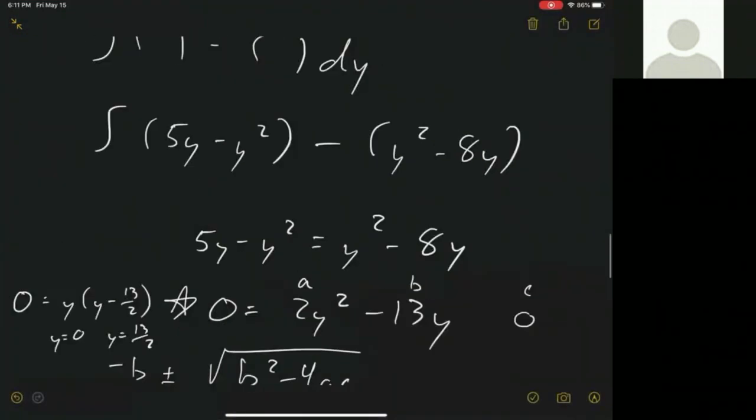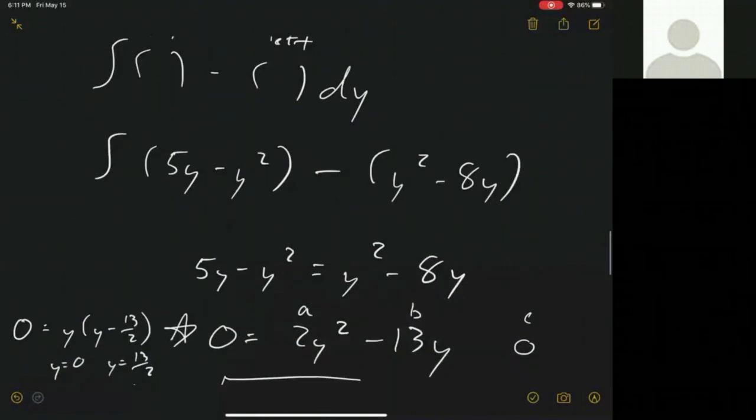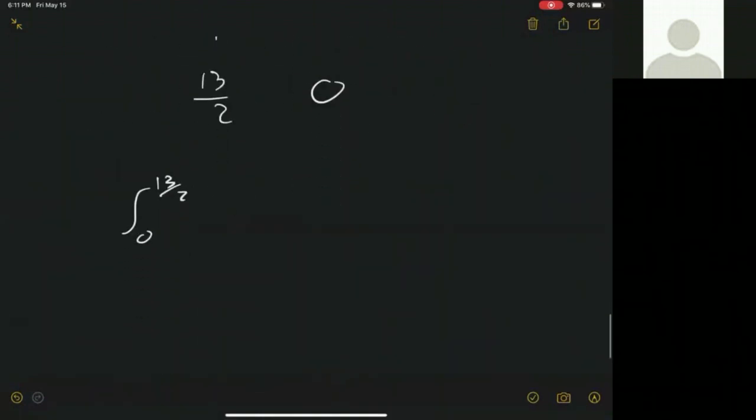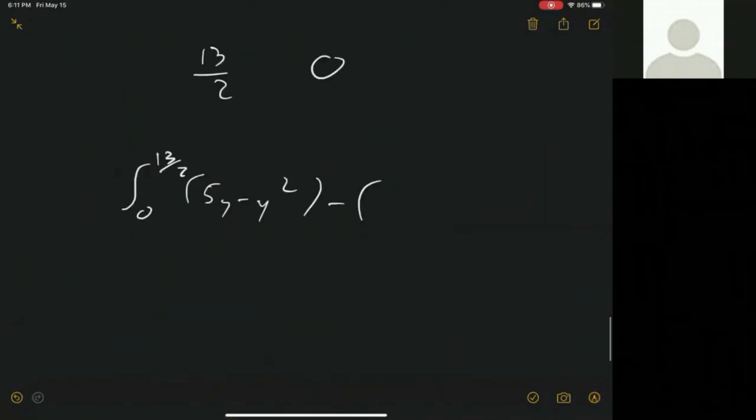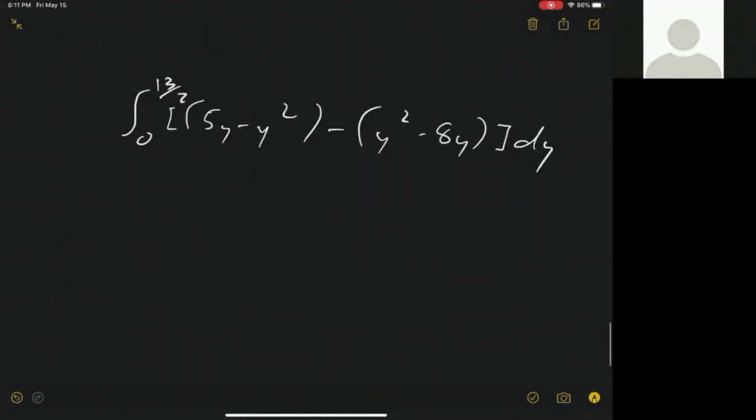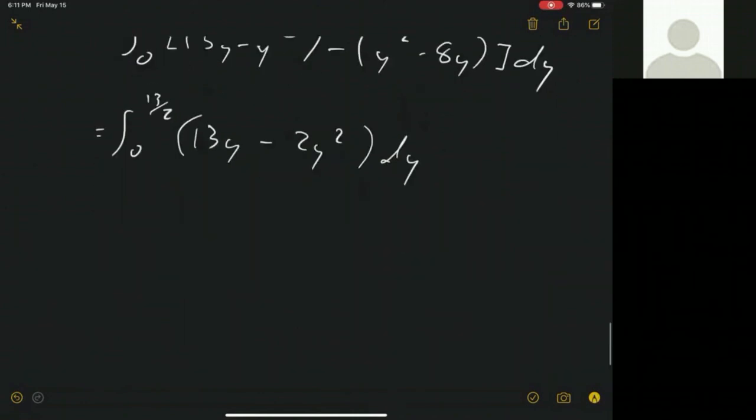That was 5y minus y squared minus y squared minus 8y. Let's go ahead and simplify. Integrating.